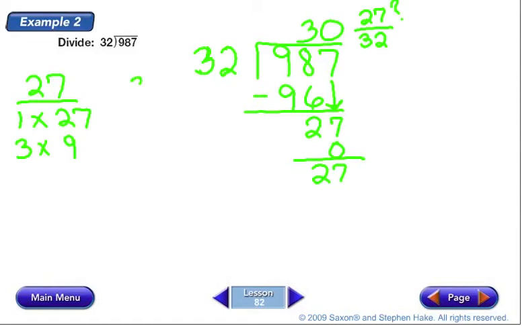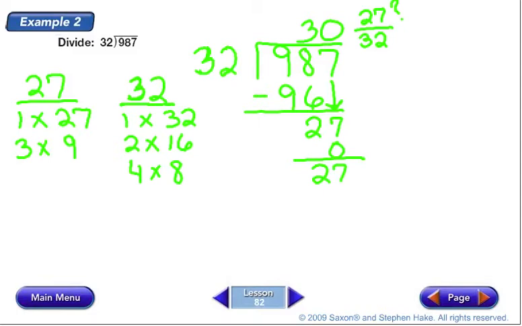My factors of 32 are 1 times 32, 2 times 16, 3 isn't a factor, but 8 is, 5 is not a factor, 6 is not a factor, 7 isn't a factor.